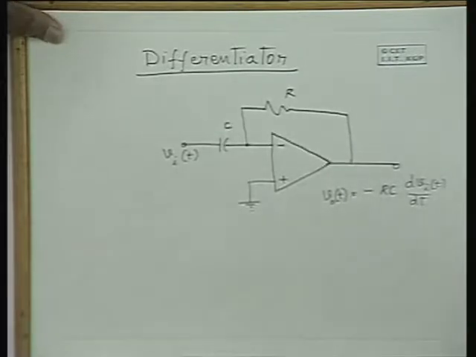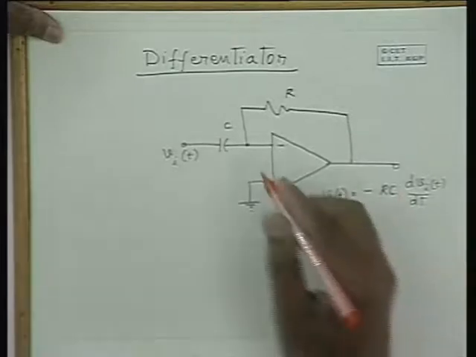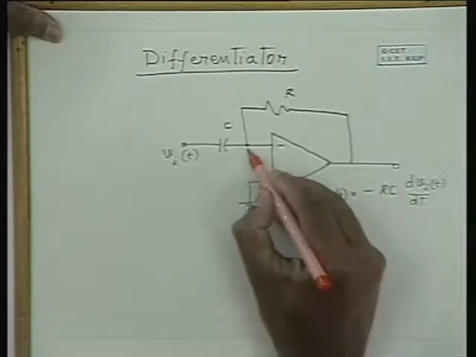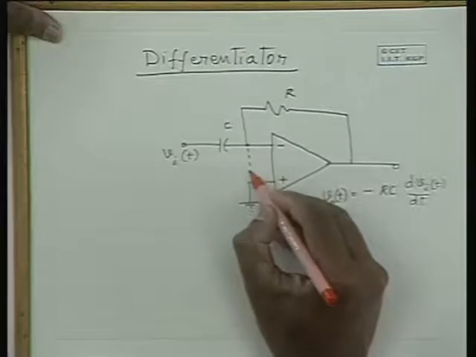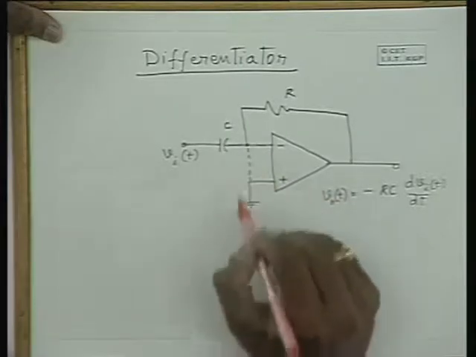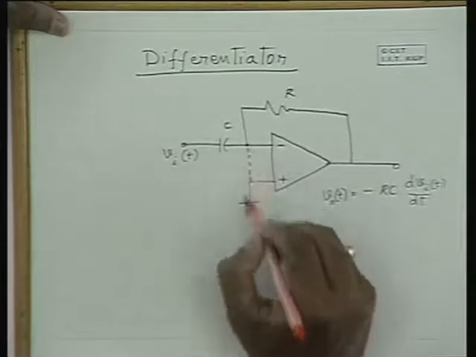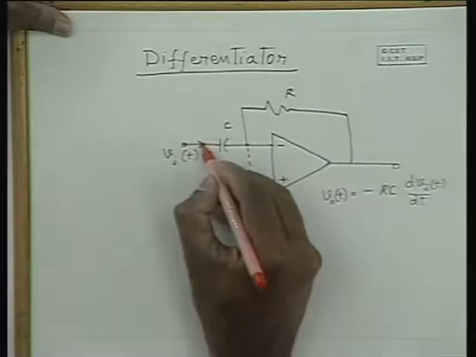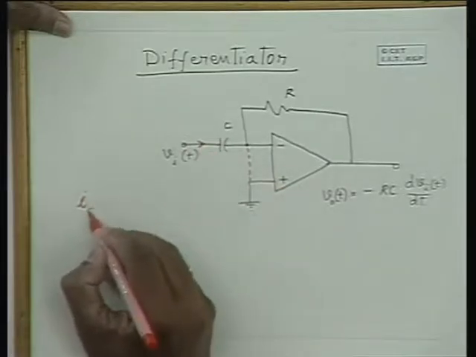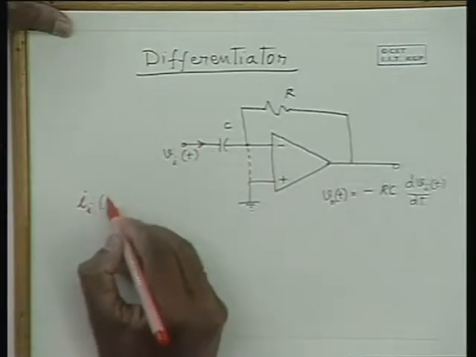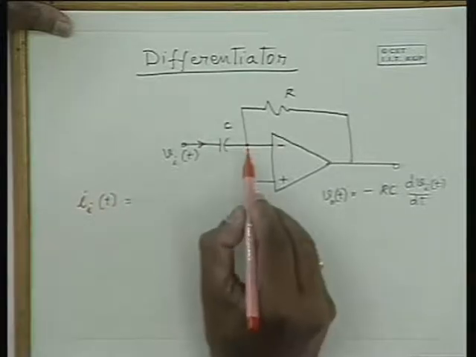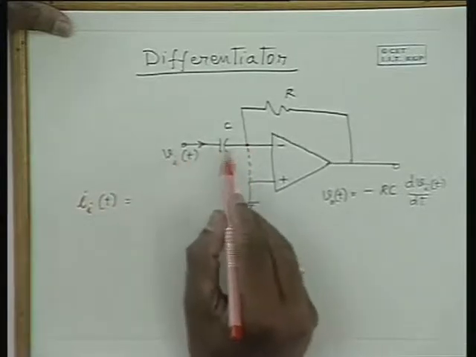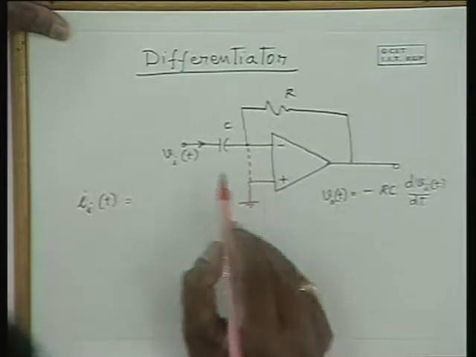Now let us analyze the circuit and see what we get at the output. Similar to what we did for the integrator, at the input you have the virtual short, hence the current that flows through the capacitor is naturally, since this side is grounded, Vi(t) drops across the capacitor entirely, almost entirely.